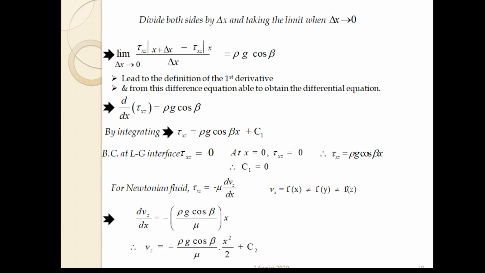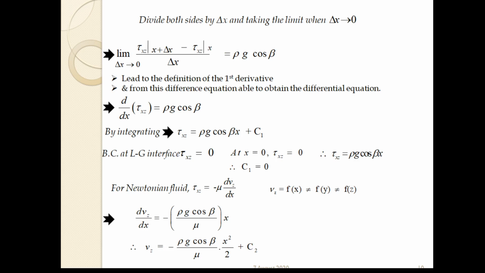Now again we have to integrate this: dvz/dx equals minus rho g cos beta upon mu into x. If we integrate it, we find another integral constant, c2. So vz equals minus rho g cos beta upon mu into x square upon 2 plus c2.